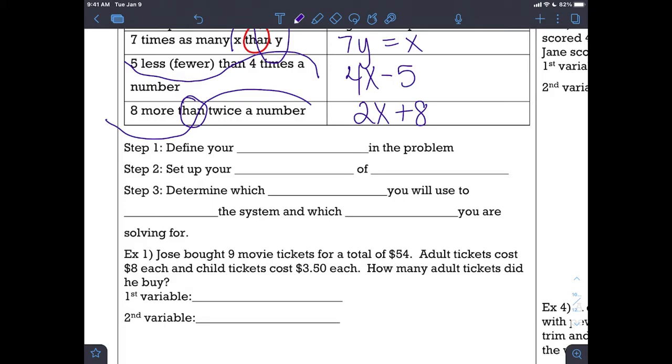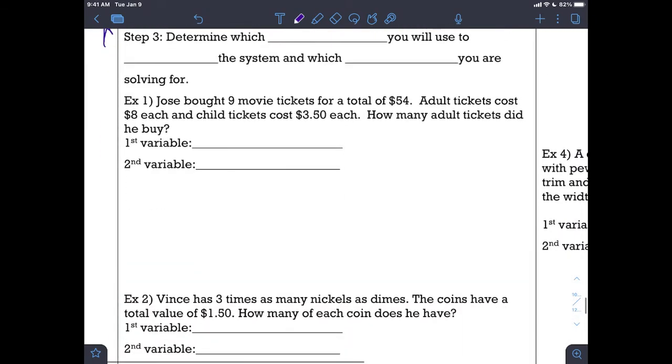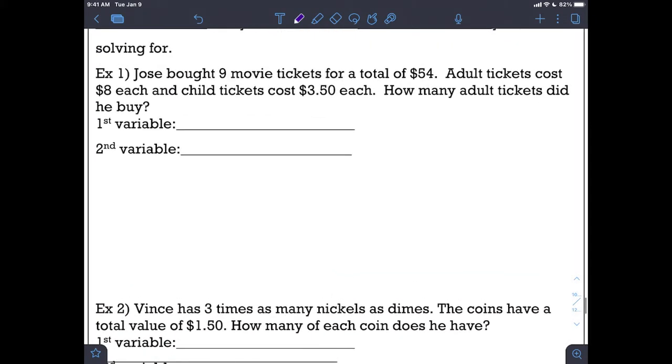Now, I'm going to skip these steps just simply because I think that this is more about developing your own understanding of it. So, for example, Jose bought 9 movie tickets for a total of $54. Adult tickets cost $8. Children's tickets cost $3.50.